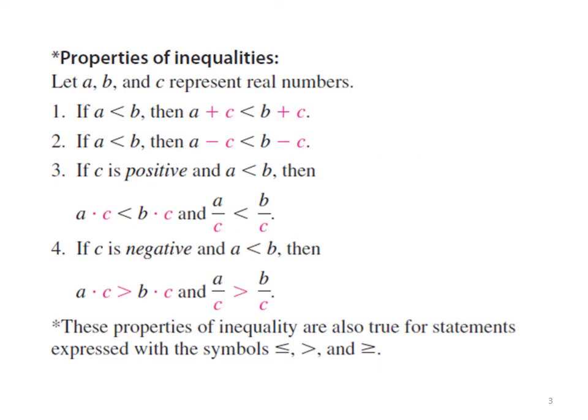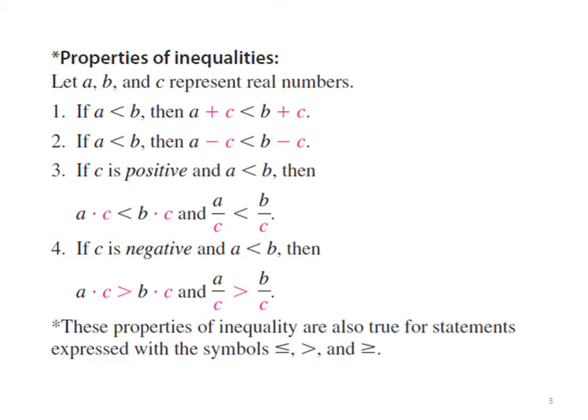Before we start solving inequalities, we want to consider some of the properties for inequalities. In all these formulas, a, b and c are real numbers. The first one: if you have a less than b, then adding the same number to both sides will not change the inequality.